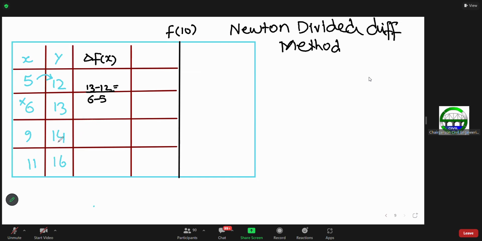Okay, and then 14 minus 13, sorry, 14 minus 13 on top, and this divided by 9 minus 6, and finally 16 minus 14 divided by 11 minus 9. It should be equal to 1.